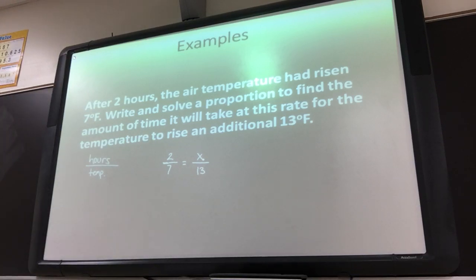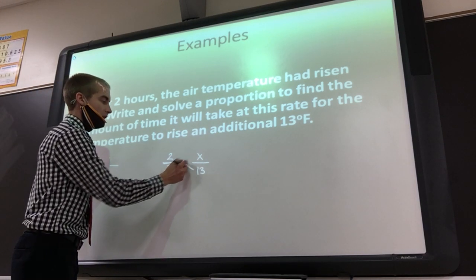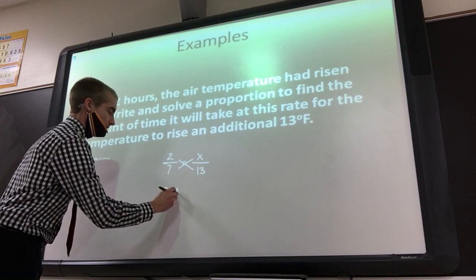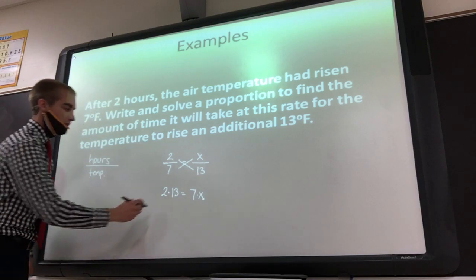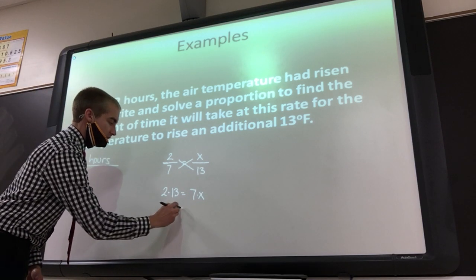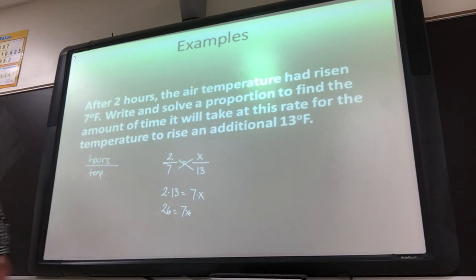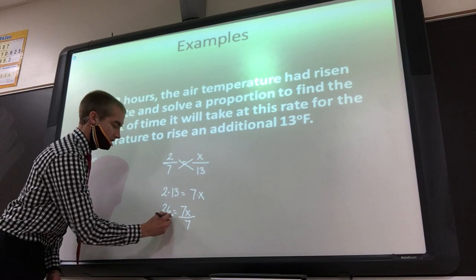So that's our proportion. Now we just do the same steps that we already did. So we're going to do 2 times 13 equals 7 times x. 2 times 13 would give us 26 equals 7x. And then to finish, we've got to divide by 7, because that's the number in front of the x.